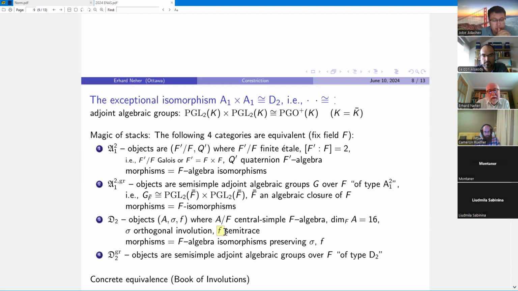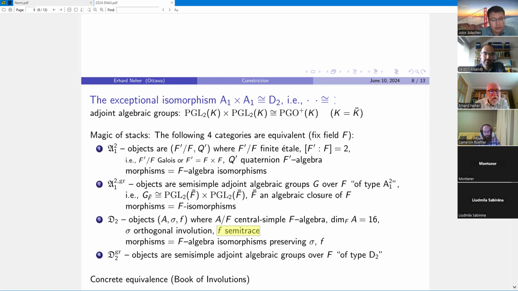The little f is what is called a semi-trace. This is something which you only need in characteristic 2, so for most practical purposes, we forget about it. And the morphisms are F-algebra isomorphisms.